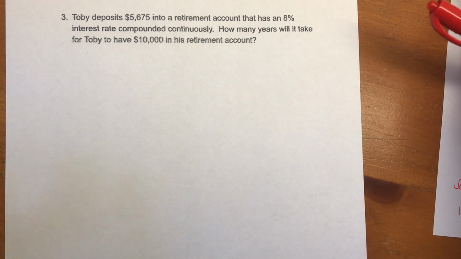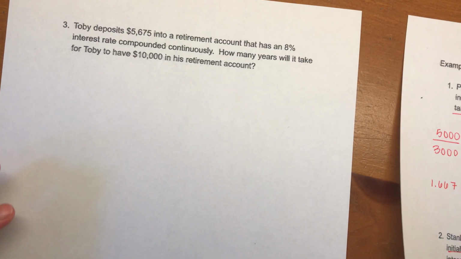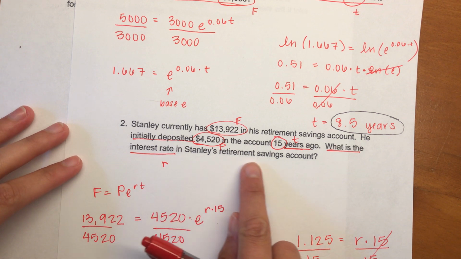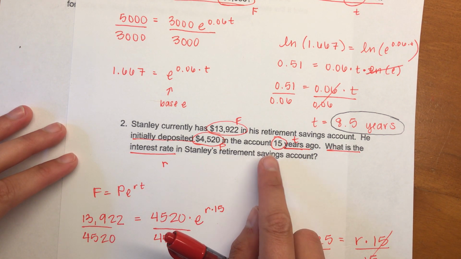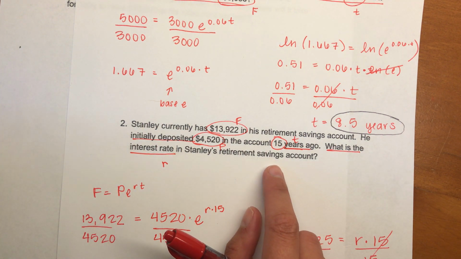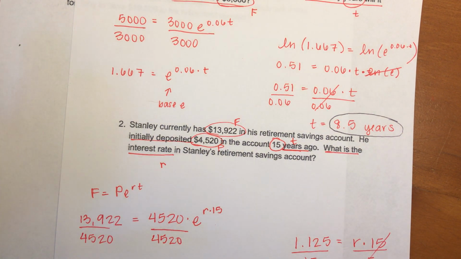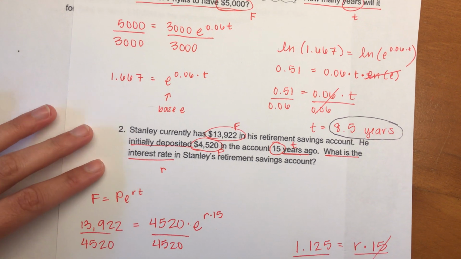Okay, now I do want to go back really quick. I just realized for number 2, we assumed it's compounding continuously. It did not say it was compounding continuously. It should have. I wrote this problem and I forgot to say assume it's compounding continuously. So I'm going to write that in.